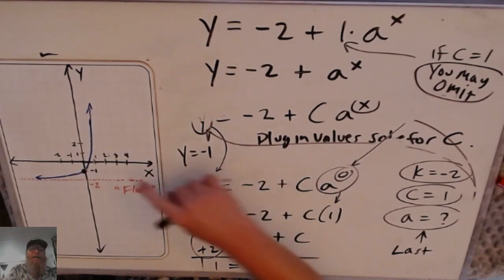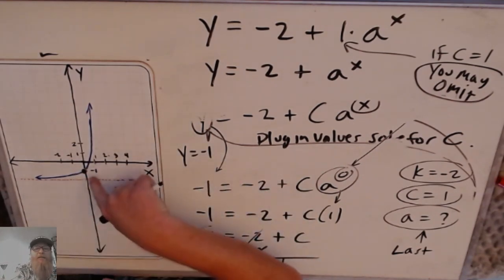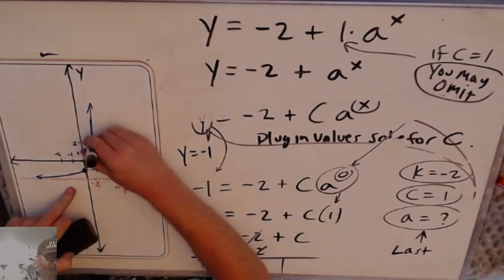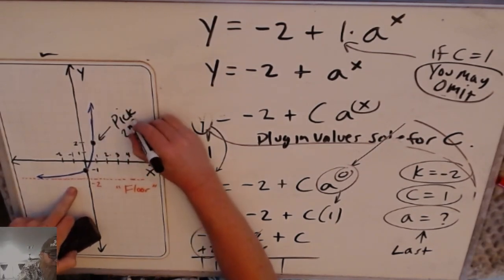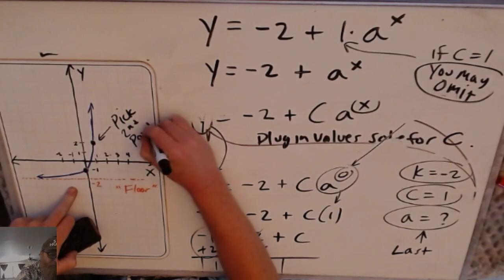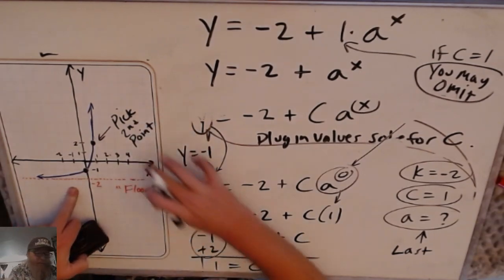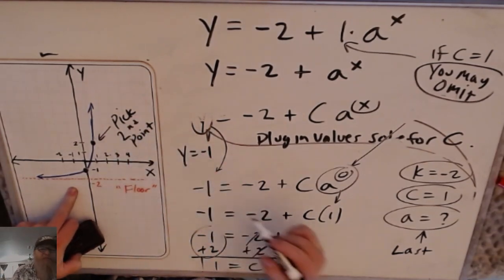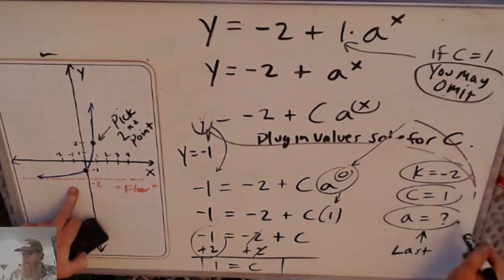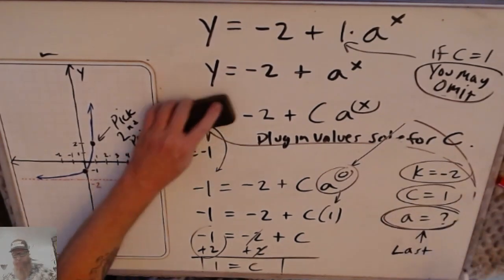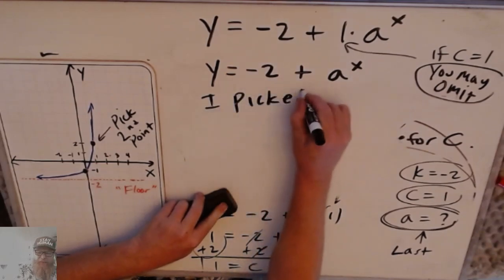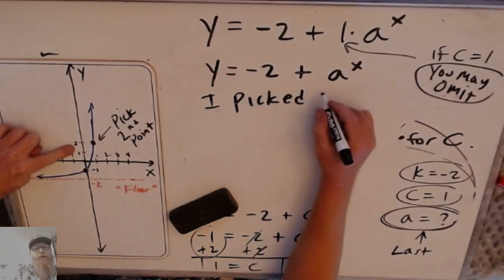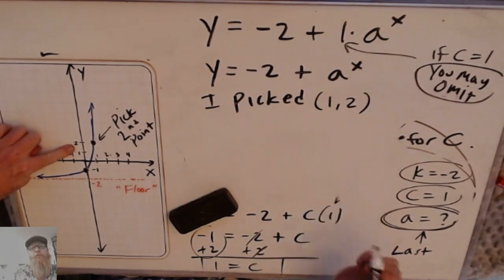Now you can't use the same point twice. So come back over to your graph and pick a second point. Pick a second point and use it to solve for A. So I picked this point here, which is 1, 2.